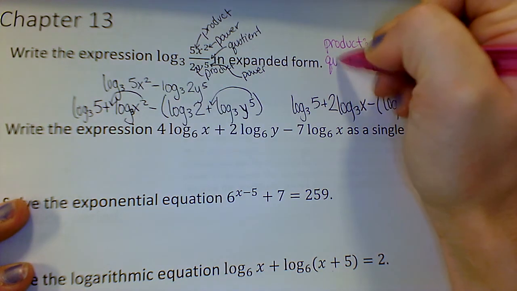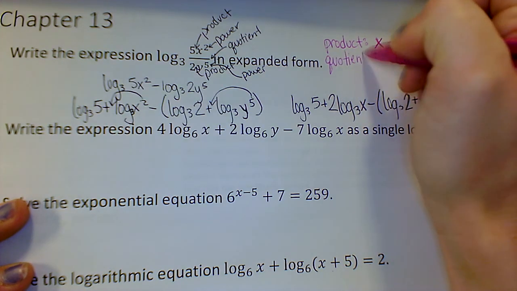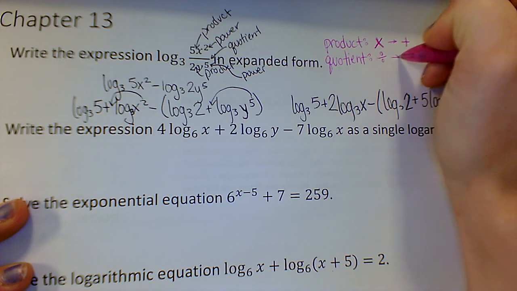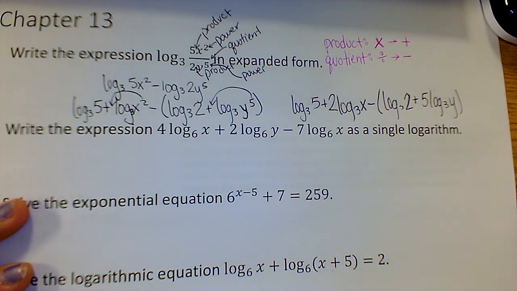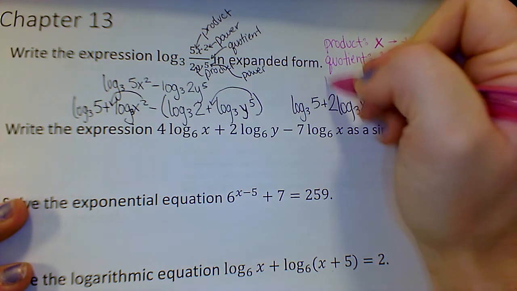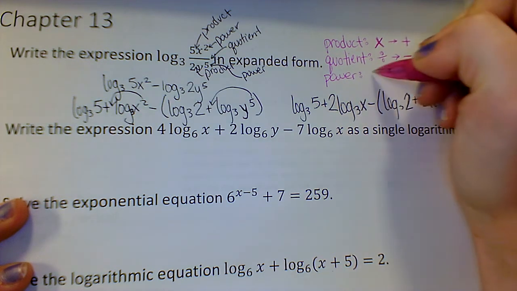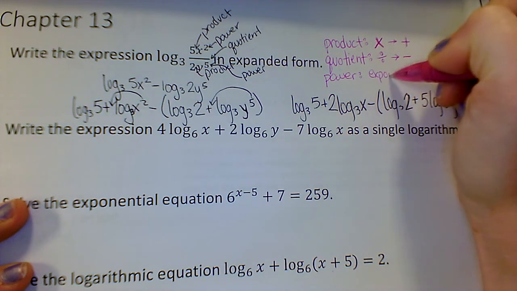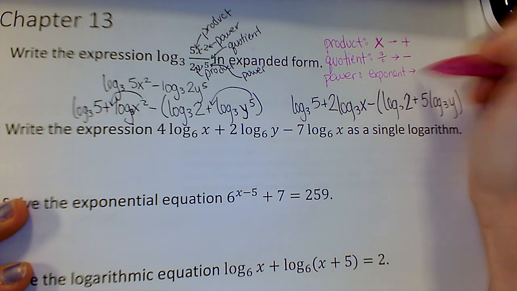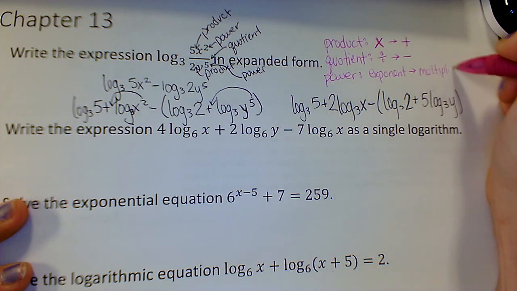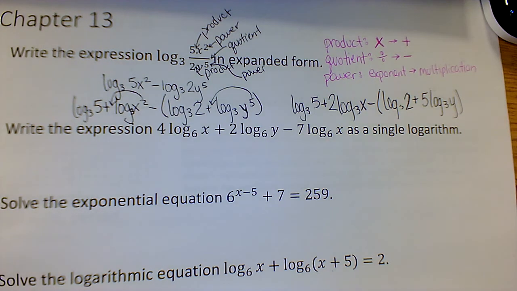The quotient rule says that division turns into subtraction. And then the power rule is kind of a weird one to write, I think, but that the exponent turns into multiplication. Awesome.